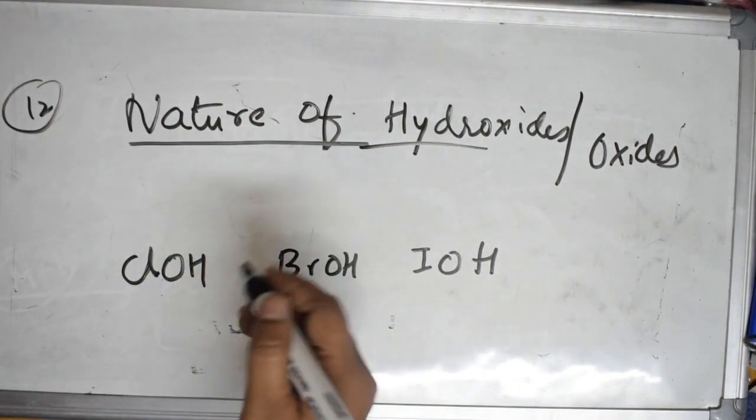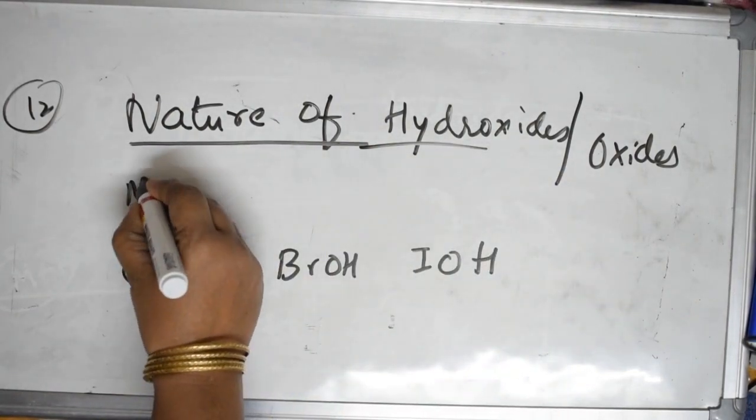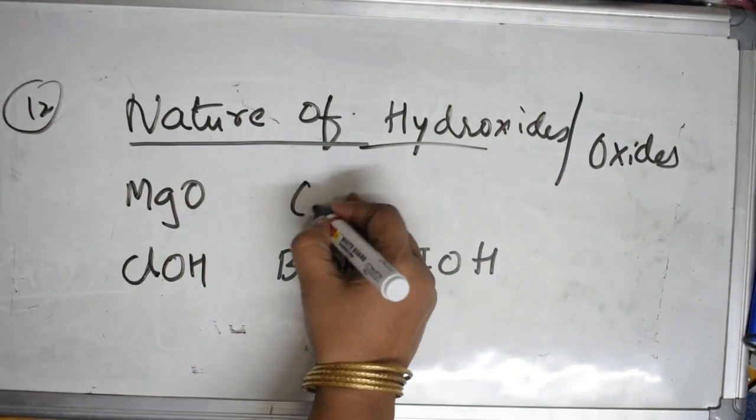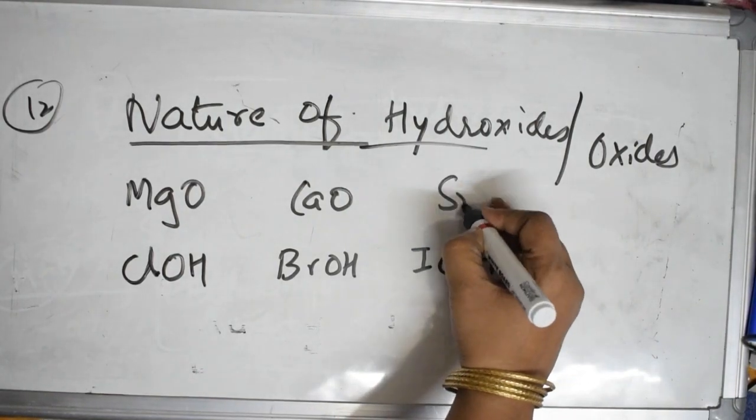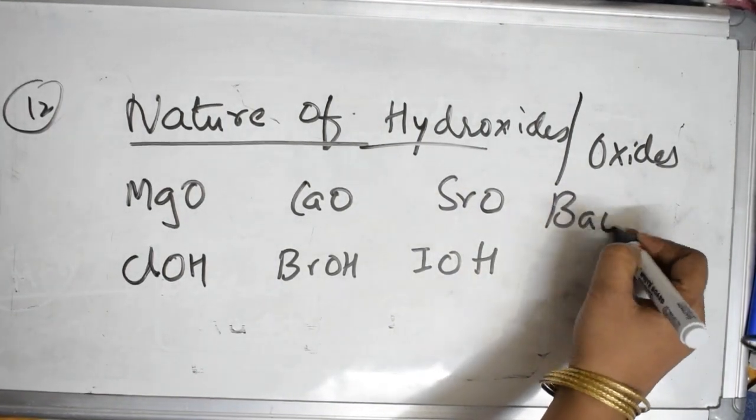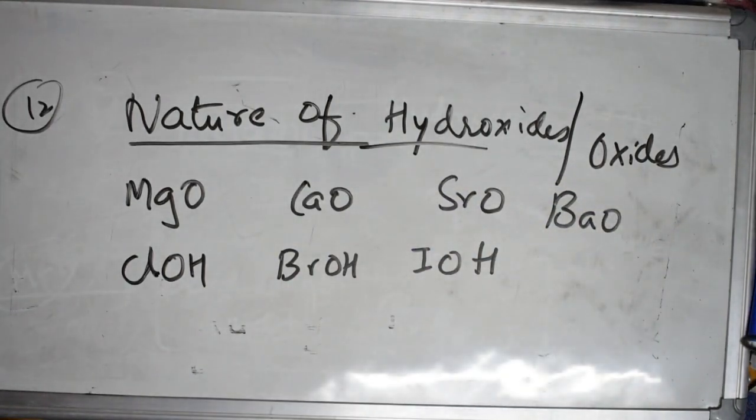Next, if I have to speak about oxides, I'm going to take magnesium oxide, calcium oxide, strontium oxide and barium oxide. Now remember students, if I have to speak in terms of acidic strength, what should you remember?